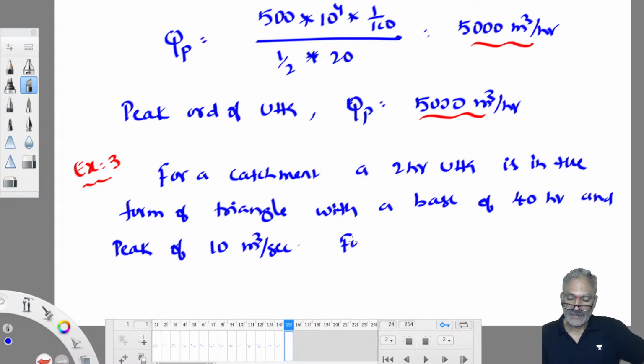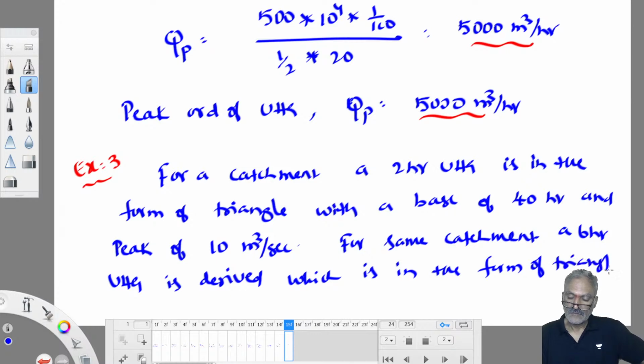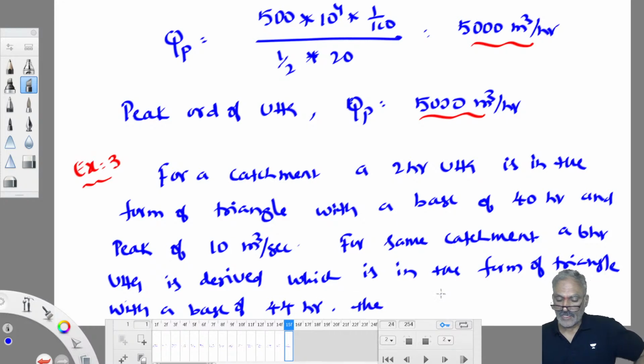For the same catchment, a 6-hour unit hydrograph is derived, which is in the form of a triangle with a base of 44 hours.